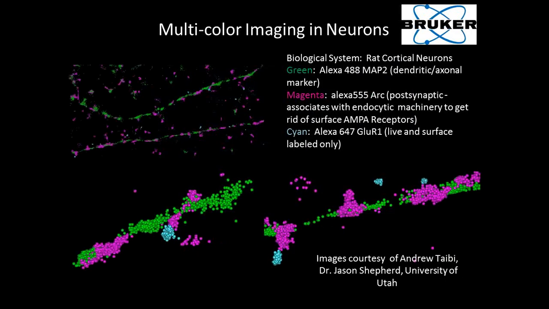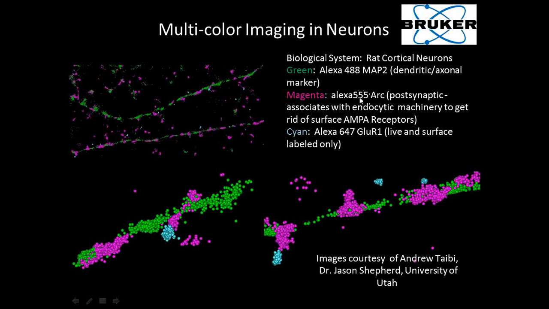Dr. Jason Shepard here at the University of Utah extended that to 3 colors, looking at rat cortical neurons. So looking at Alexa 488 MAP2, which is in green here, which is sort of your contextual marker. And then in magenta, Alexa 555.